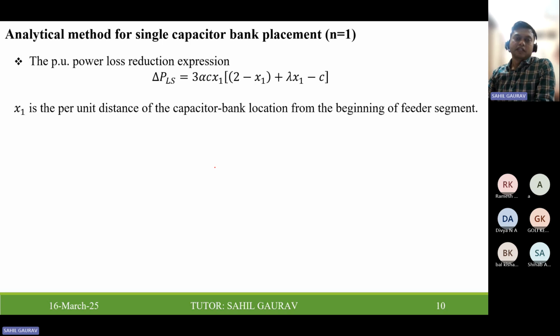Now for a single capacitor bank placement across the feeder, this expression is very important. Delta PLS equals 3 alpha C x1 into (2 minus x1 plus lambda x1 minus C).